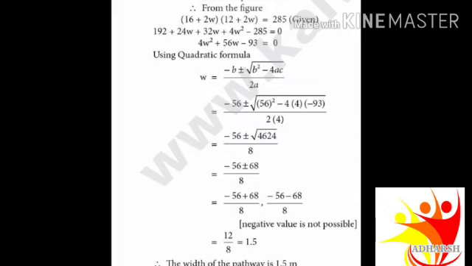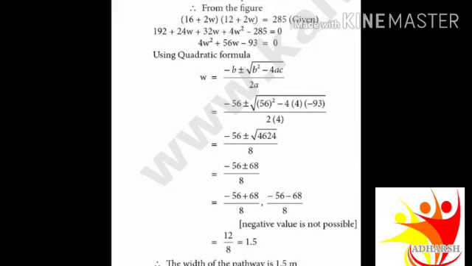Now multiply 12 into 16, that equals 192. 2W into 12 equals 24W. 16 into 2W equals 32W. Plus 2W into 2W is 4W square.